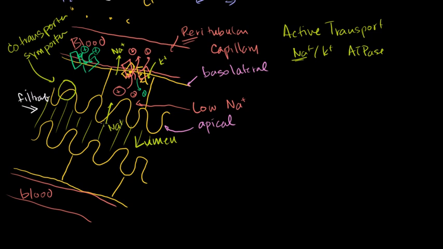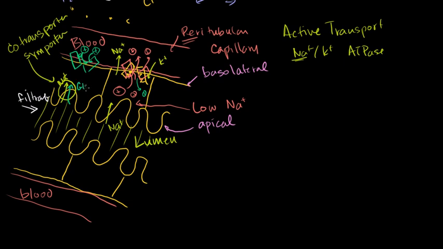Sodium would want to cross that if there was no barrier. And what the cells do here is take advantage of sodium wanting to move down its concentration gradient, which is happening because of this active transport over here.